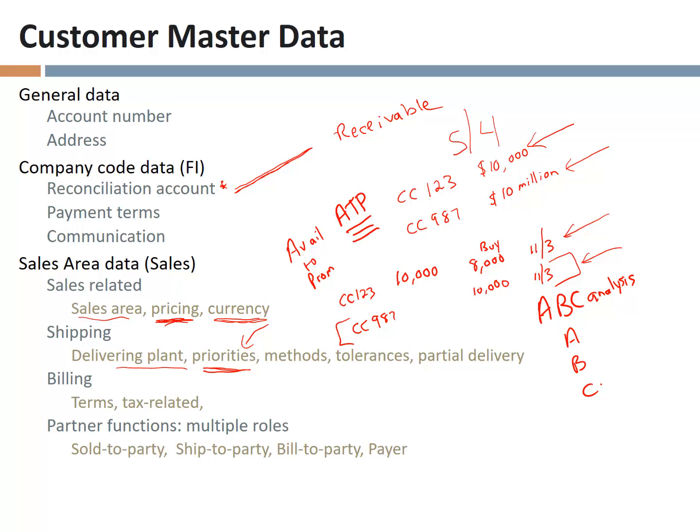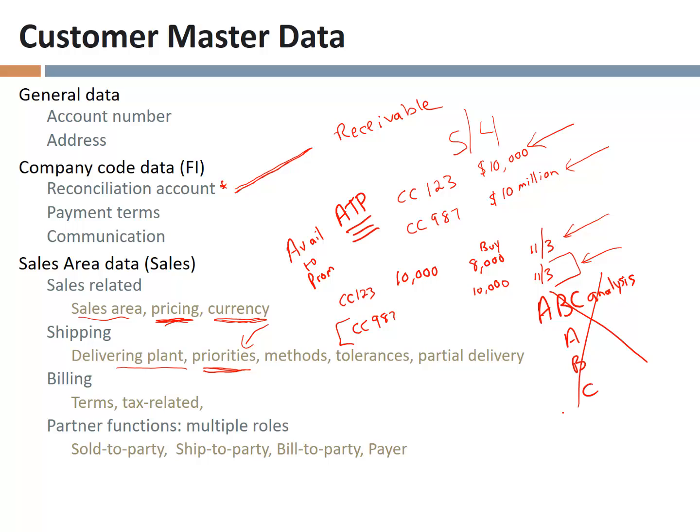Typically you would decide who's an A versus a B versus a C based on some rules you established related to sales volume. What I'm saying is that the newer versions of SAP can actually take this job away from you altogether and give you something much more refined than the crudity of just ABC analysis. So the customer master data record is going to be a real driver of that.